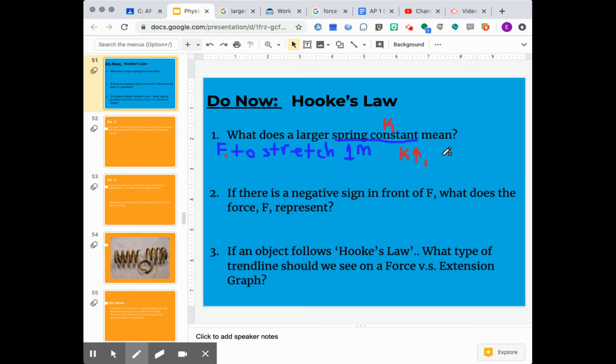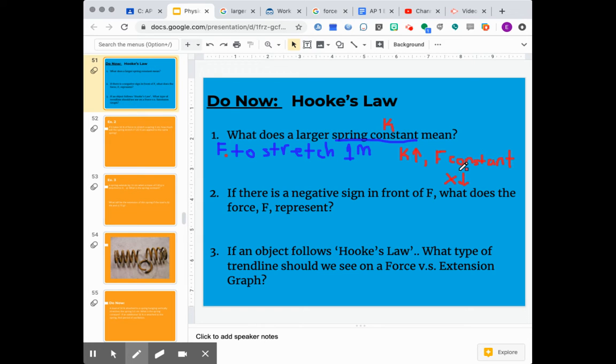So with the same amount of force, if k is larger and F is constant, the amount of displacement that we see will be smaller.